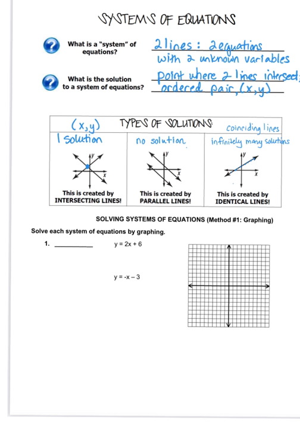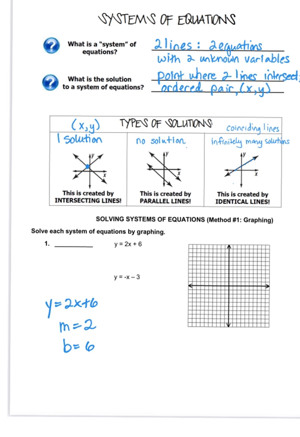I'm going to do this first one in blue. We've got y equals 2x plus 6, where my slope is 2 and my y-intercept is 6.